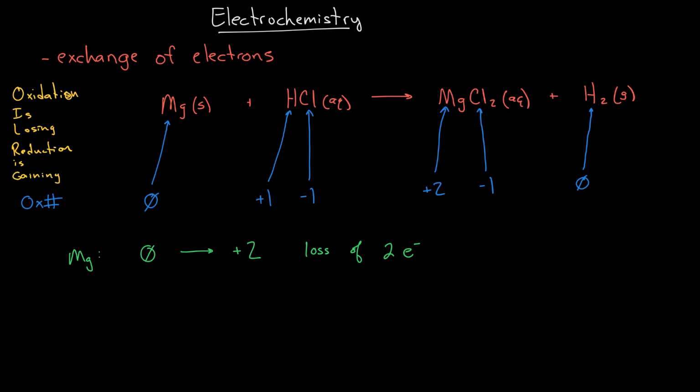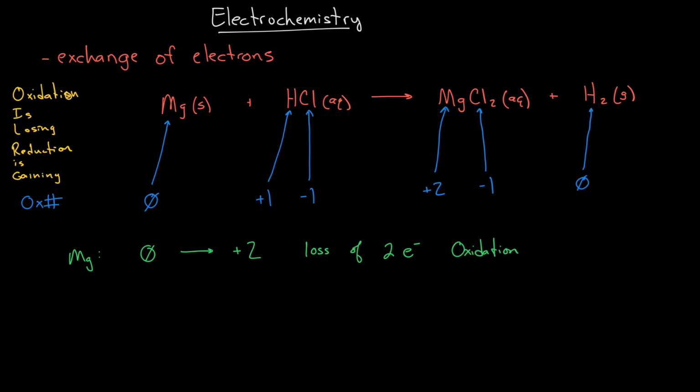That's your way to remember what oxidation and reduction are. In this case, magnesium is losing electrons, so this is oxidation. This is definitely an electrochemical reaction because magnesium has lost electrons.